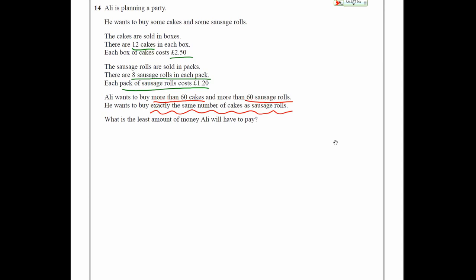So, let's think for cakes. Let's think for sausage rolls. The cakes are coming in packs of 12. Sausage rolls, packs of 8. So this row can be 1, this can be 2, 3, etc. For the cakes, let's try 2 packs. So we're going to get 24.